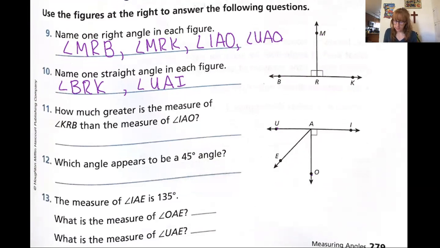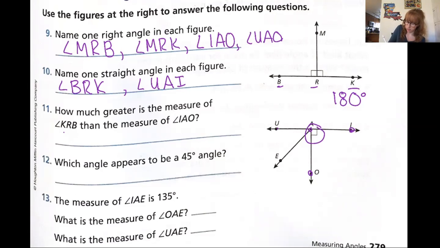How much greater is the measure of angle KRB than the measure of angle IAO? So KRB is 180 degrees because it's a straight angle. Angle IAO is 90 degrees because it's a right angle.